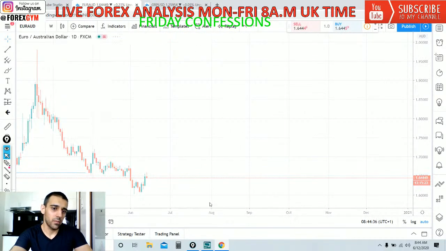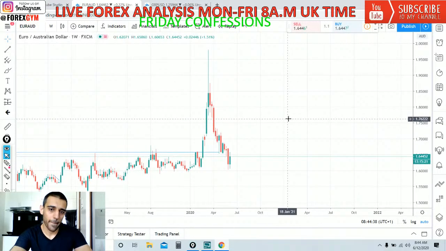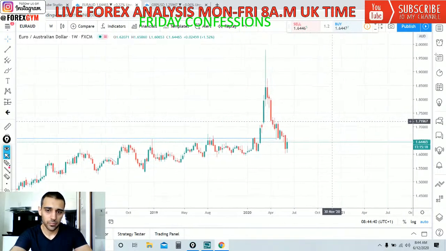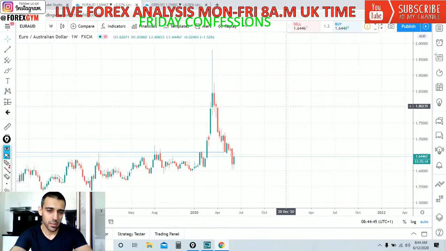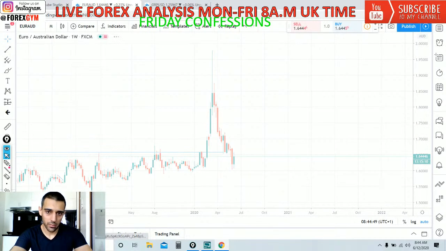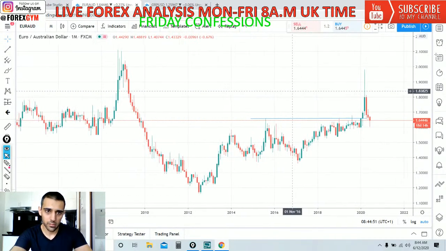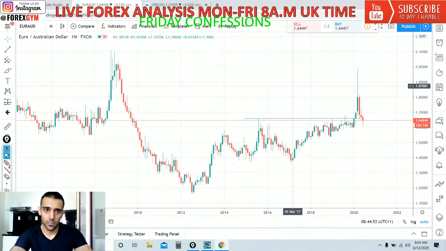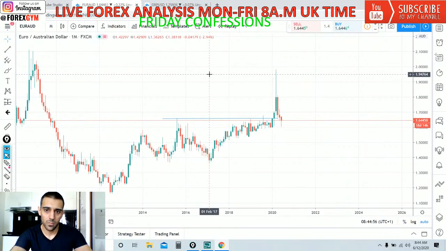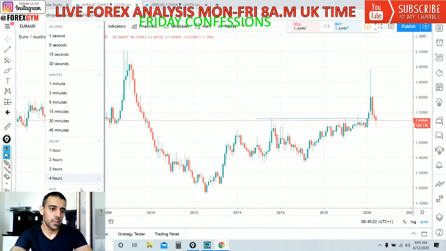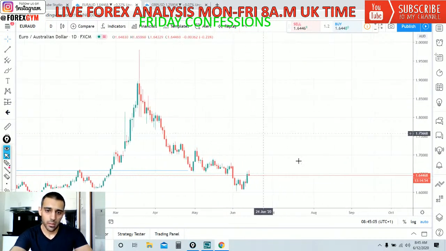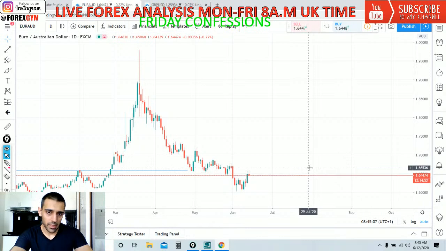Let's look at the weekly time frame, see if any support to resistance. Let's see the monthly on that. Okay. Price is stuck there now. Maybe it wants to break it.